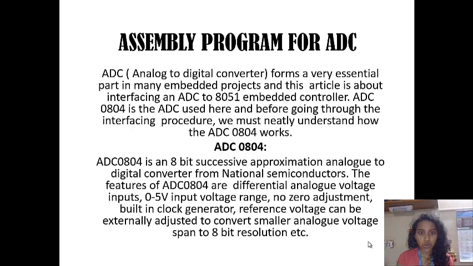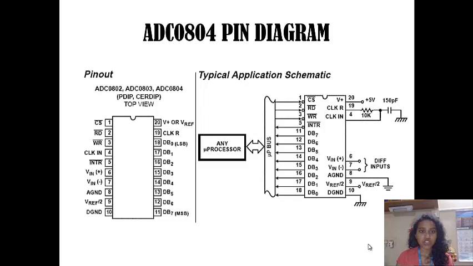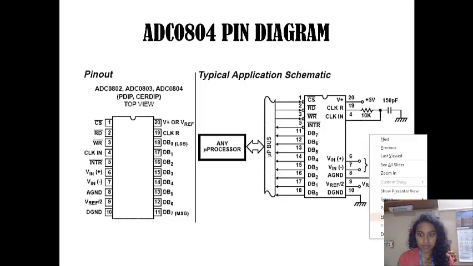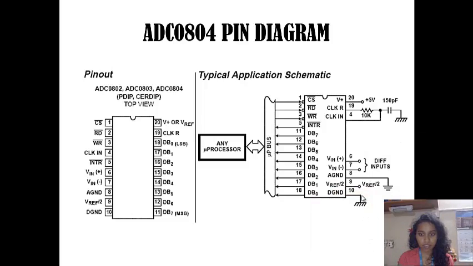Next, we move on to the pin diagram of the 0804. As you can see in the diagram, the first pin is CS, the chip select pin, which if you put to zero, you will be able to activate the chip. So chip select should be put to zero to activate the rest of the pins, and the read pin is actually after write. The write pin is used to start the conversion.